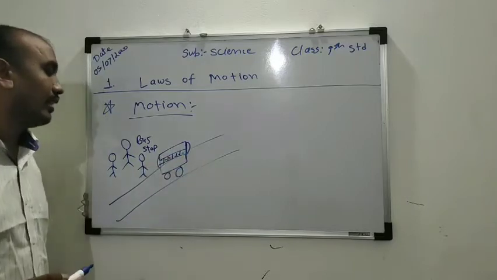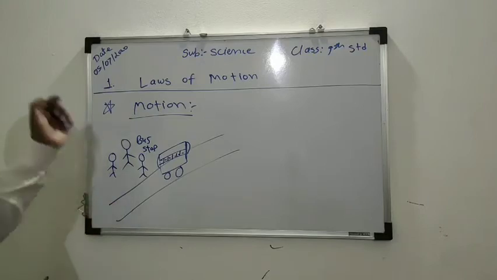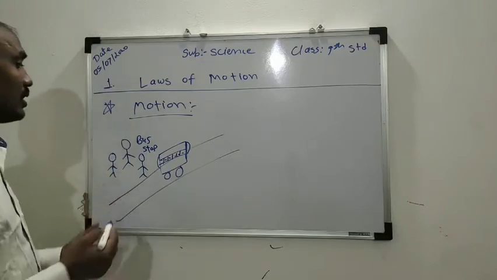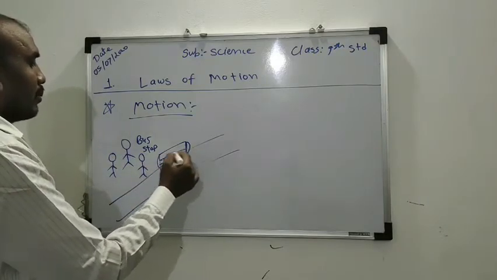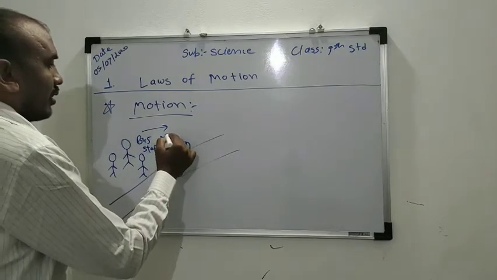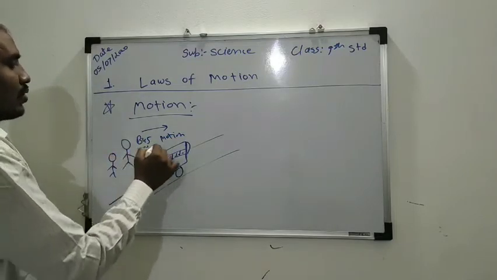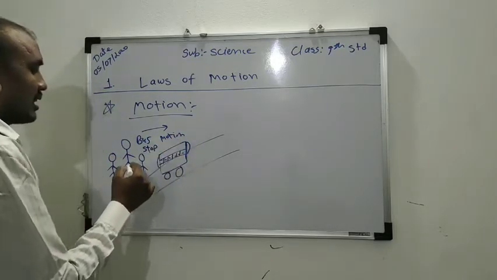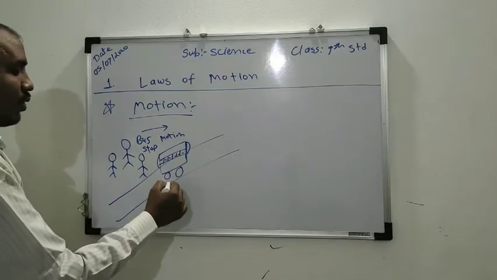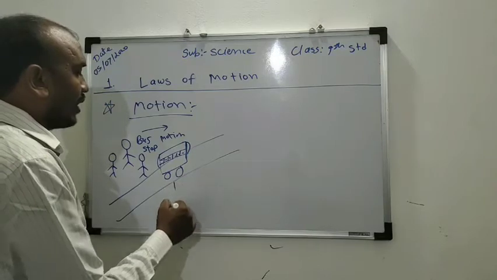With respect to this person, the bus will be in motion. With respect to these three persons, the bus is in motion, meaning its position is changing. Suppose at one time the bus is here, running.